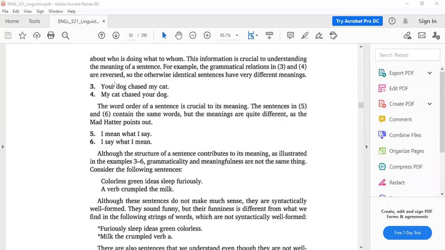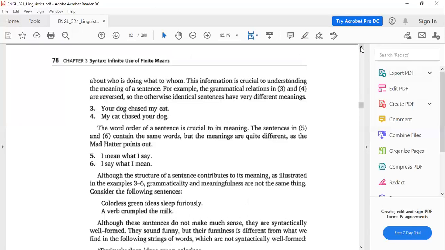But the only difference is the order of the grammatical relations. The grammatical relations are different. So here, don't be confused. In 1 and 2, I want to say something about 1 and 2.